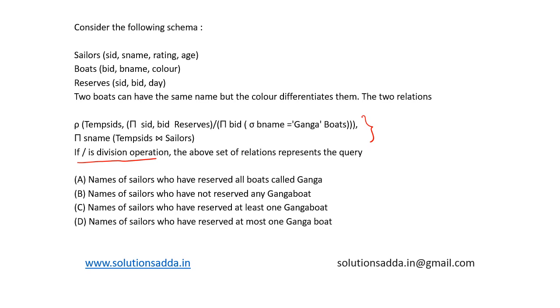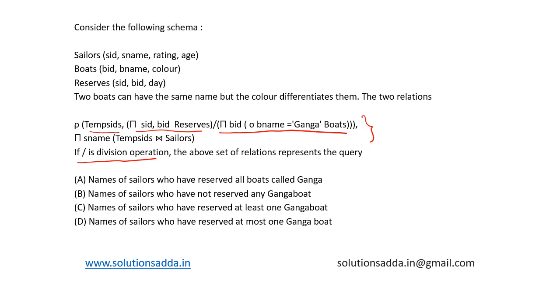Division is typically required when you want to find entities that are interacting with all entities of a set of different type of entities. So all entities, that is the important point here. So based on the query, according to the division operation, temp SIDs would be the result of this division operation.